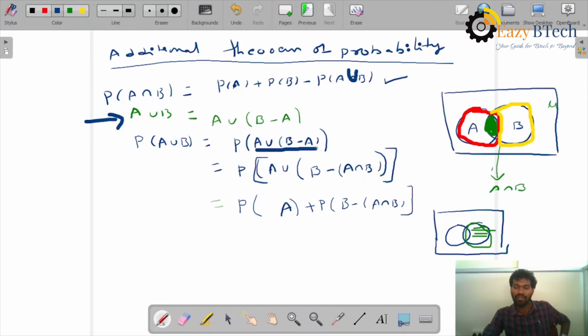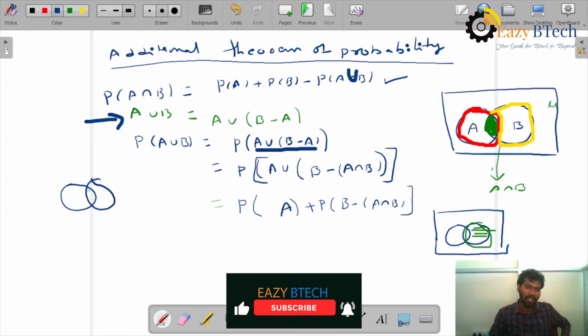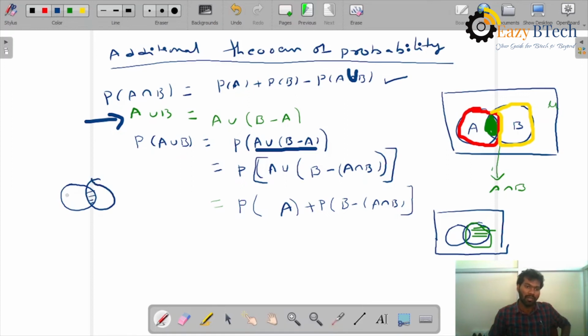Mutually exclusive events means there is no common point between them. Here you see, when you write like this there is a common point between them. But you can say these are also mutually exclusive like that.